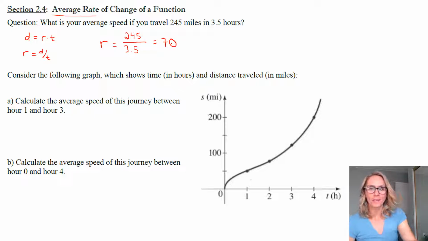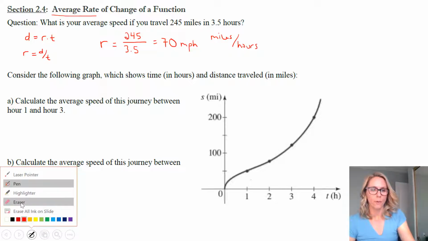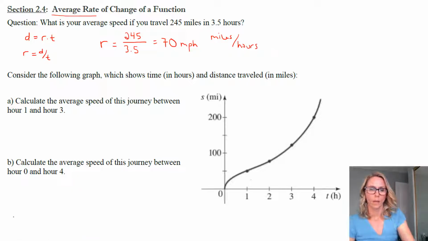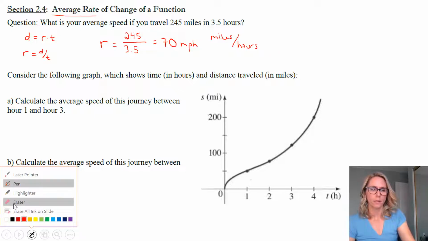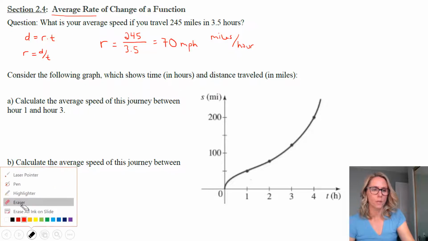You will definitely be using it in this section. 70, and then as you know, we usually write that as mph, but really that's simply because the numerator is in miles and the denominator is in hours, and that's where miles per hour comes from. So just remember that. And I'm going to take off the S there because I don't really need it, because it's miles per hour, not hours.